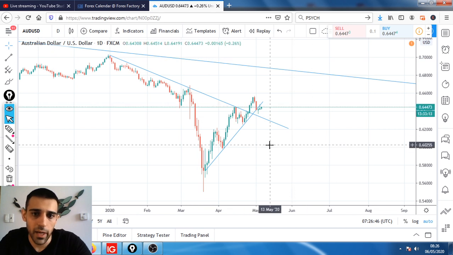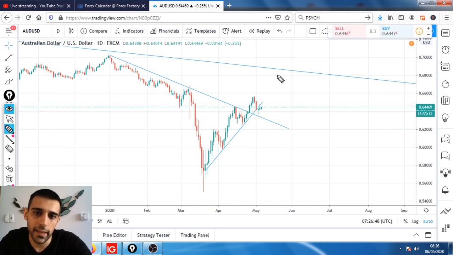On the daily time frame, the price is going nicely up. We also had this daily trend line, but we can see that the price has broken it.